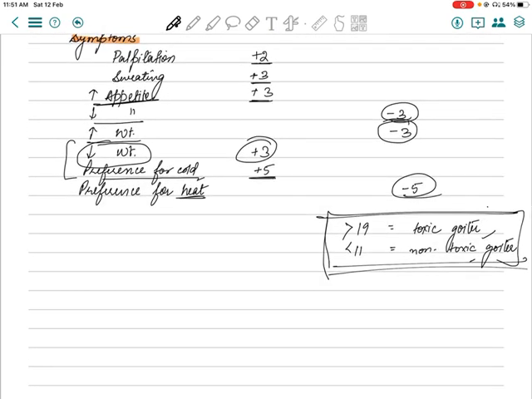Thyrotoxicosis affecting a previously existing multinodular or nodular goiter is called secondary. So if there was a goiter in the past and now you have thyrotoxicosis, it is called secondary thyrotoxicosis.